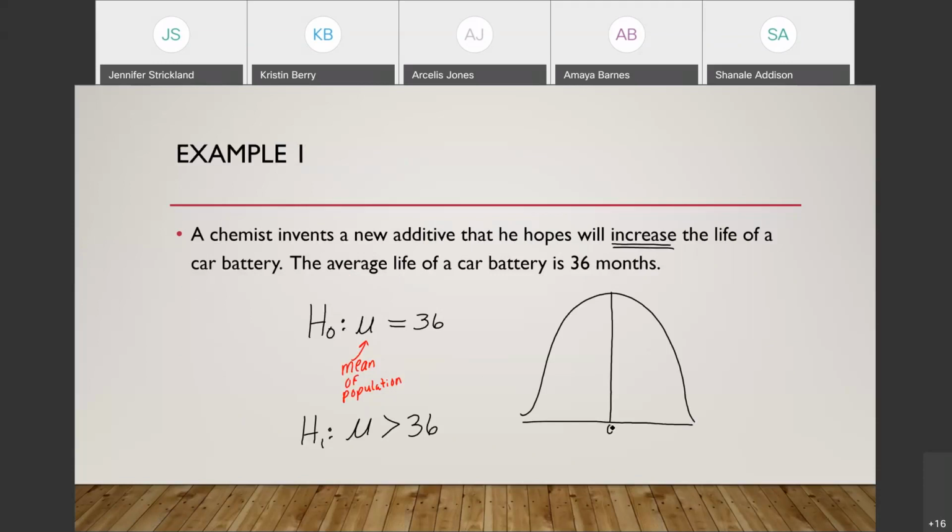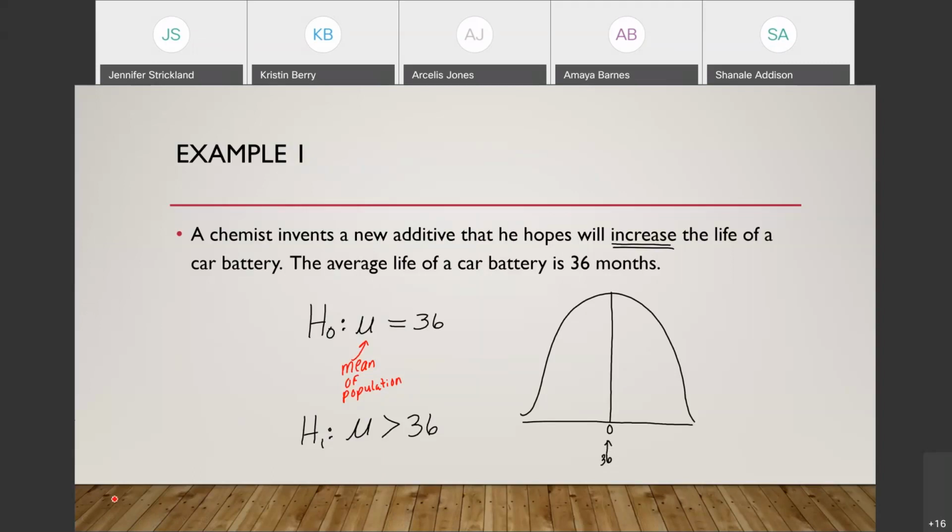Remember, the mean is in the middle. So the z-score is 0, but in regular numbers, it tells me the average is 36. So I'm just going to make a note that this is 36.